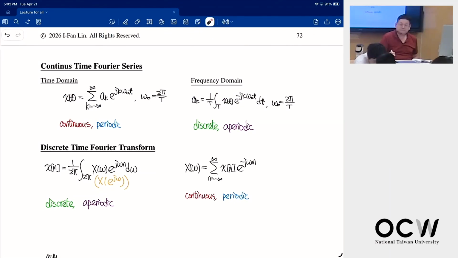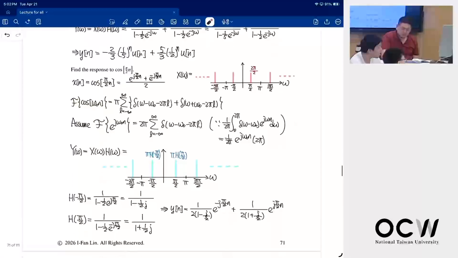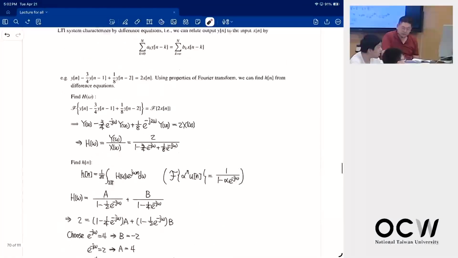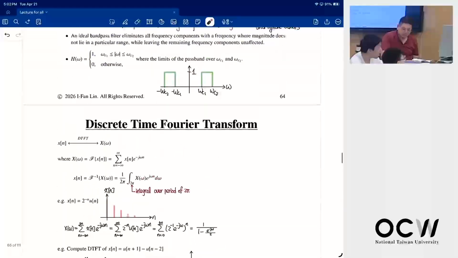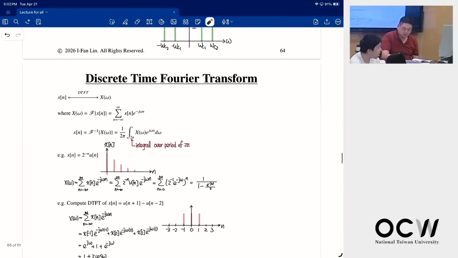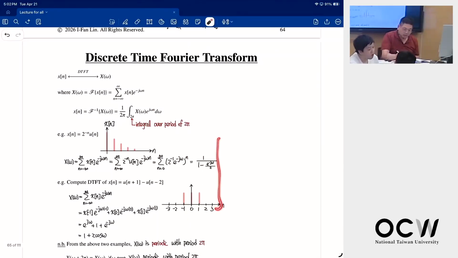We did almost like 2 hours, right, saying to you that in frequency domain, it's periodic. Like every time you need to consider it's periodic. Also in the beginning, we have some examples and you can see that they are like a cosine.